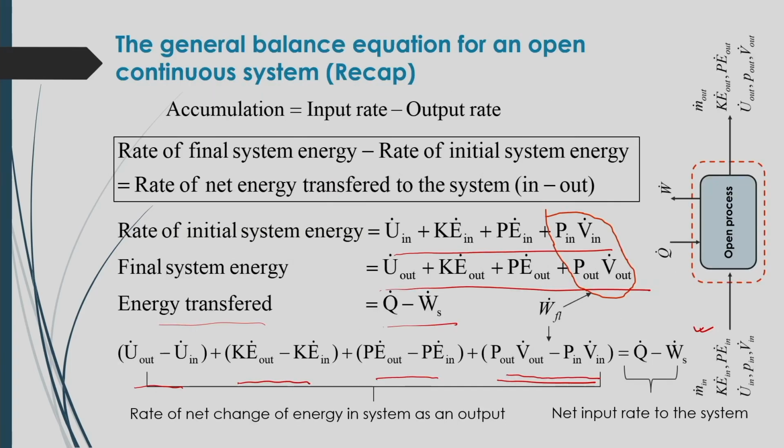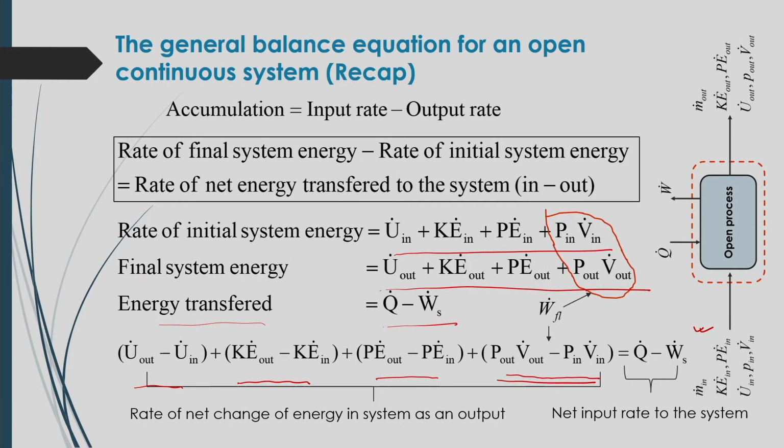The difference between the heat energy supplied and the work done by the system will give you the change of internal energy, kinetic energy and potential energy, and we can also say that will be added to the change in flow work.